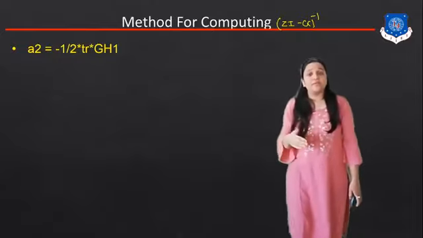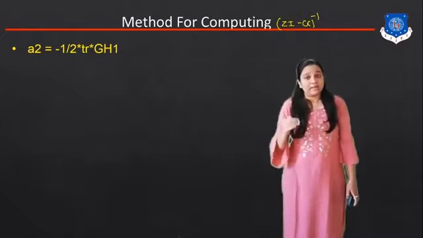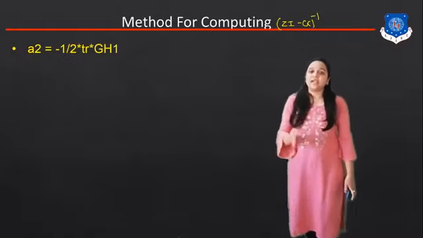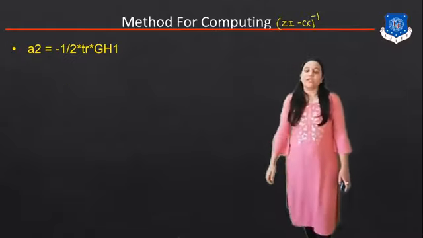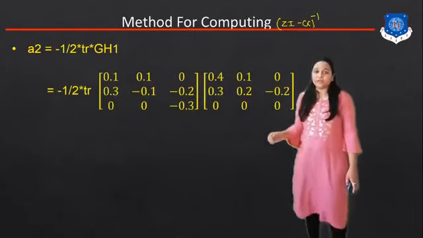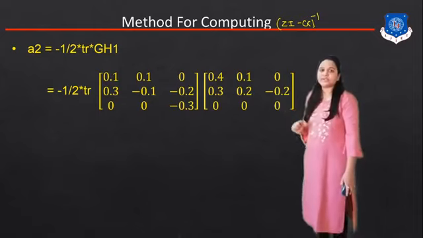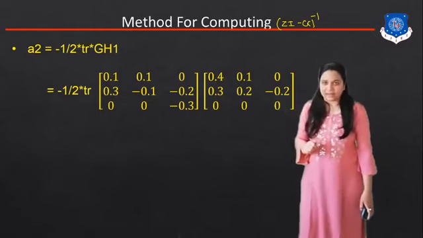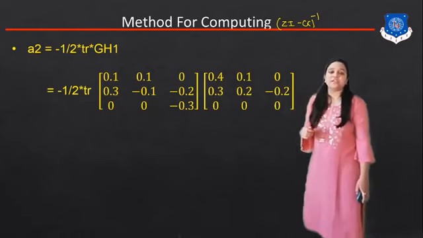Then next we have to multiply the matrices G and H1, and then we have to find the trace of this matrix, and the last step is we have to divide this value by 2. So first of all write down the value of G and H1 in this equation. Now the multiplication of these matrices, G and H1. So what is the answer?